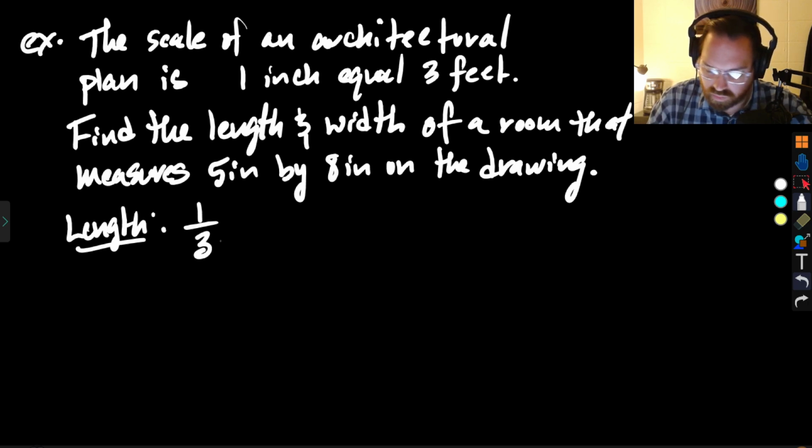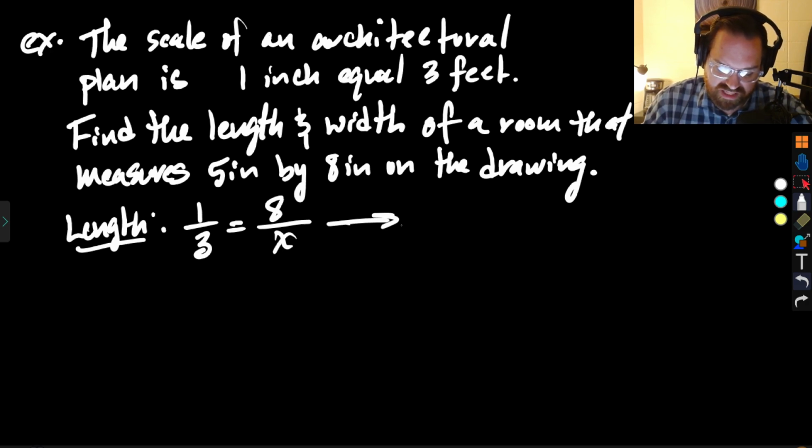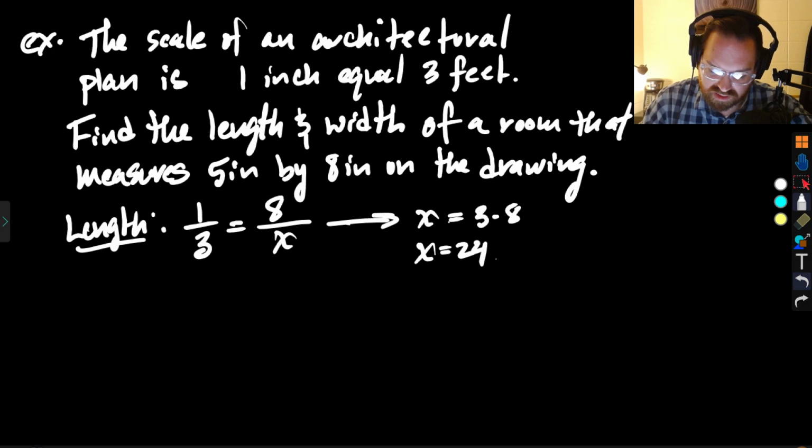And for length, I usually go with the bigger number, so 8 inches is to my unknown, call it X. Let's solve that. X times 1 is equal to 3 times 8. So X is equal to 24, and this is going to be feet. Okay, so that's the length.